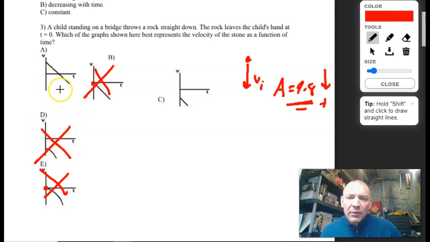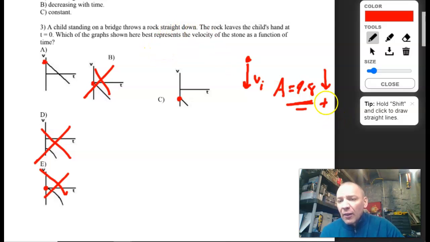Which one best represents the velocity with time? So this has the question, are we starting with a negative velocity or a positive velocity? And that one, you kind of have to use your judgment on which one you think would fit better.